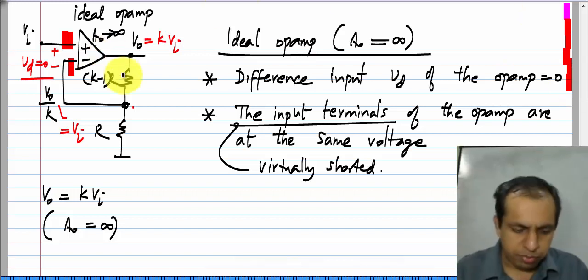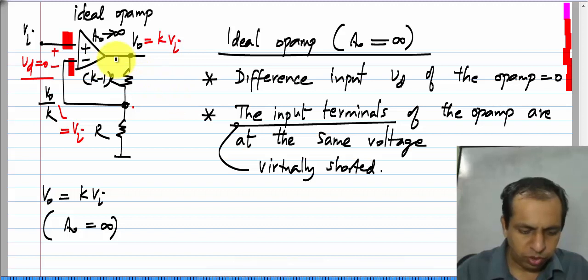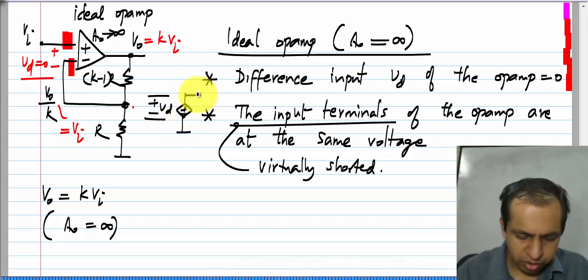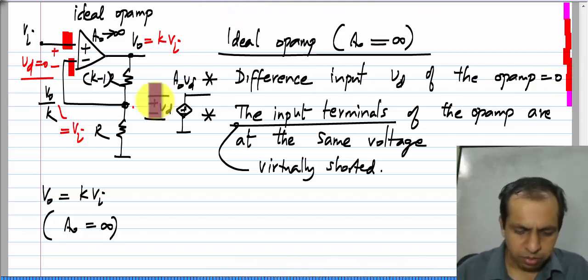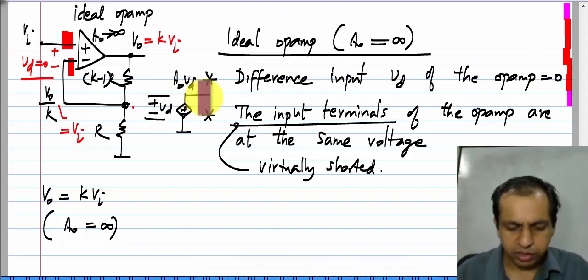Now, the op amp is a voltage controlled voltage source with a difference input V d and a control source whose value is A naught times V d. If the input is 0, you may think that the output is also 0, because it is proportional to the input.